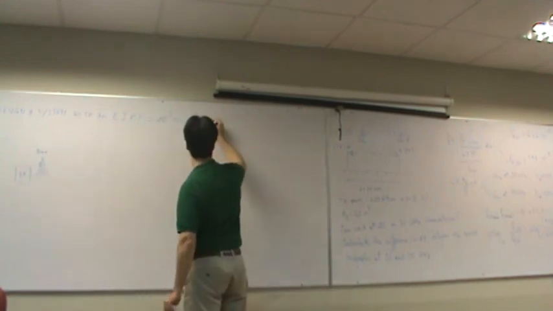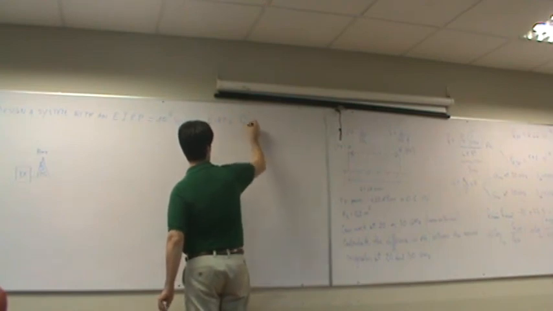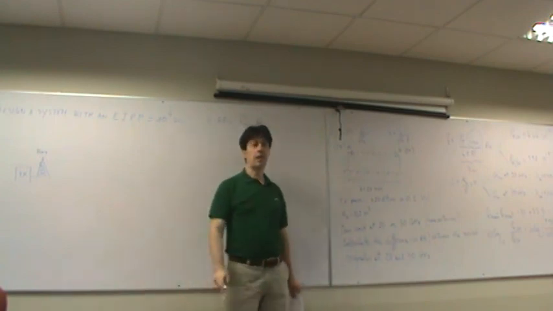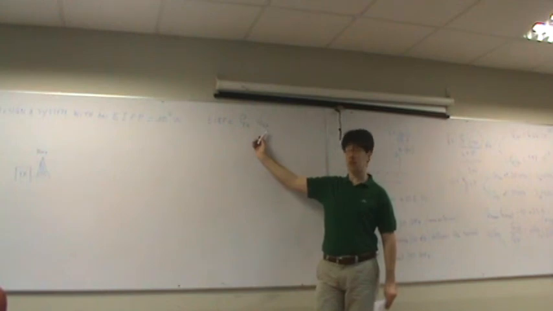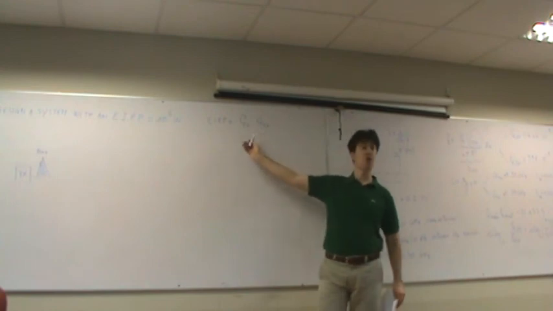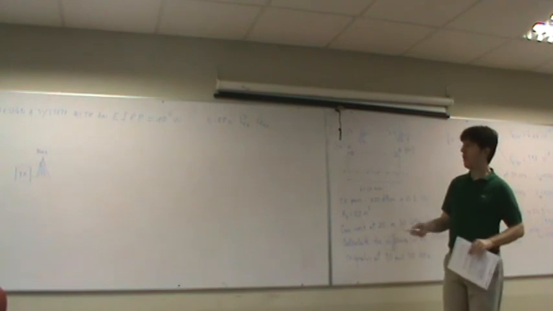Please remember that EIRP is transmitted power times transmitted antenna gain. If this product is constant, the user always receives the same signal. It's up to you to choose how to balance the two things. What is the criterion?